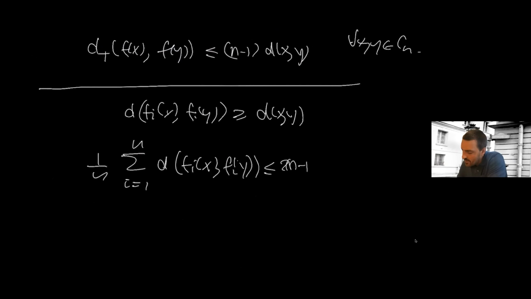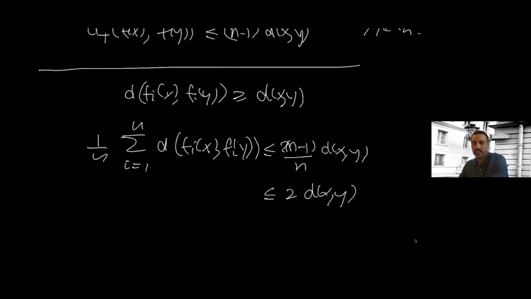So you have 2(n-1), and then you take the average, and this is actually less than 2. So, very simple idea: you can probabilistically embed your cycle into trees with bounded average distortion, and all your maps are non-contracting.